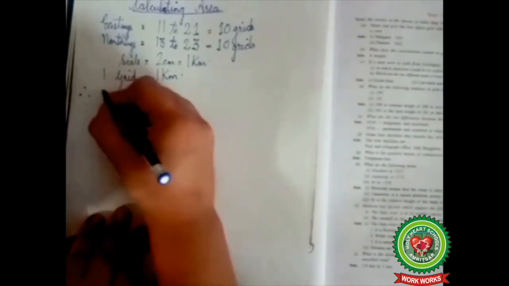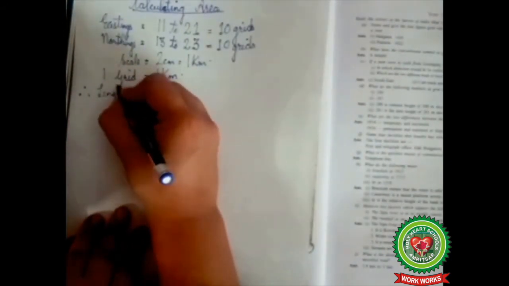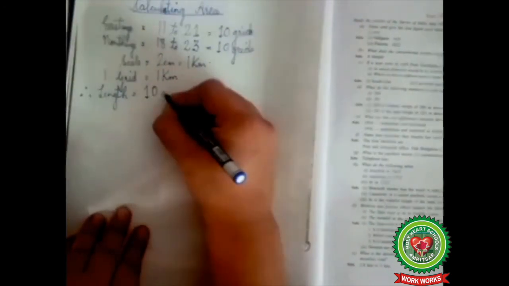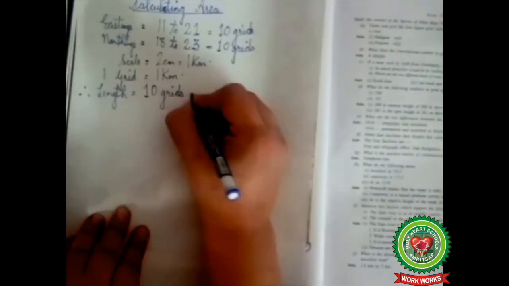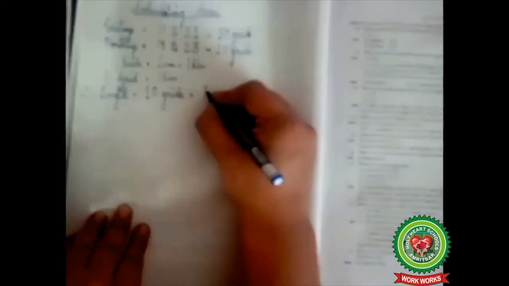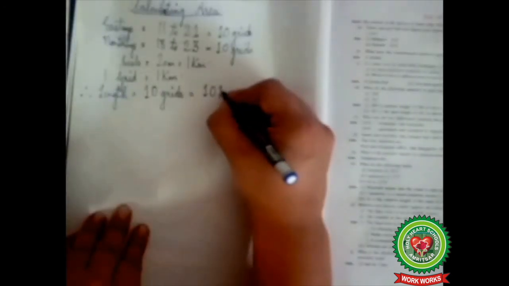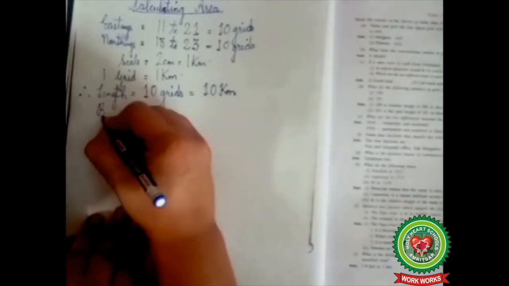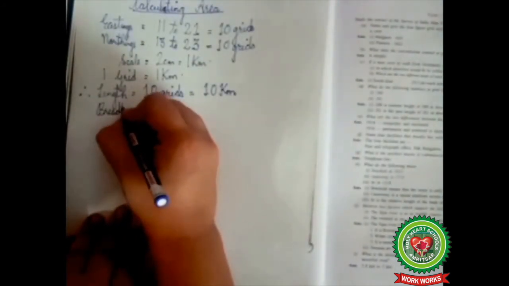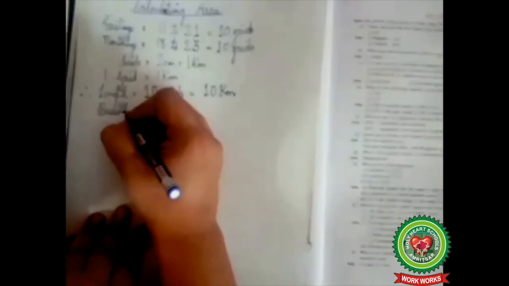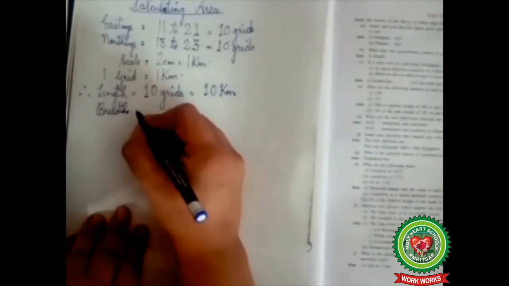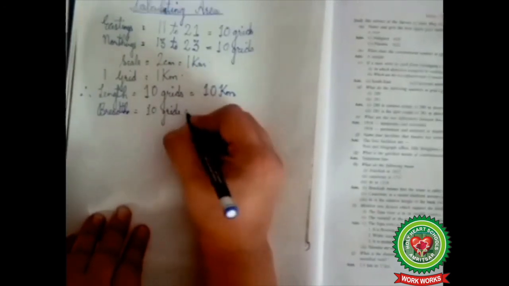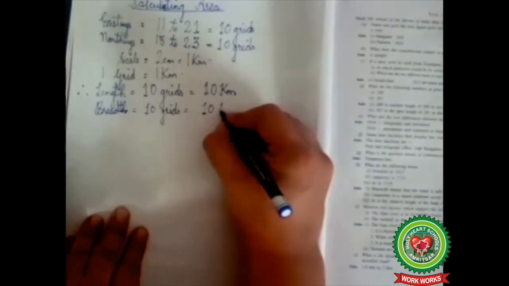Therefore length is equal to 10 grids is equal to 10 kilometer, and breadth, which is covered by the northings, is equal to 10 grids is equal to 10 kilometer.